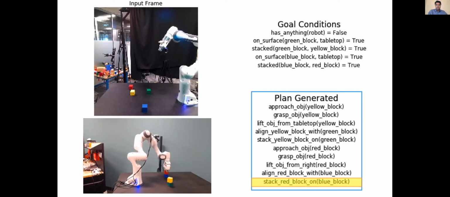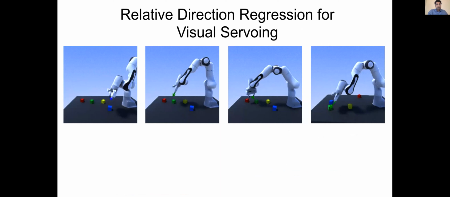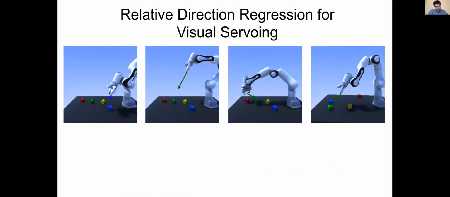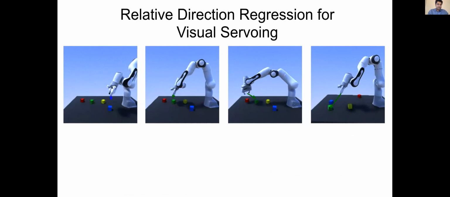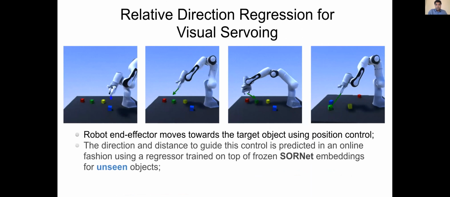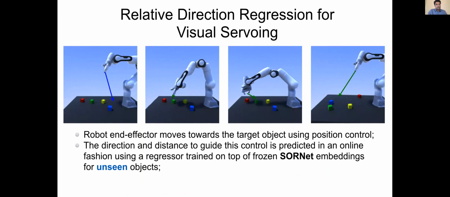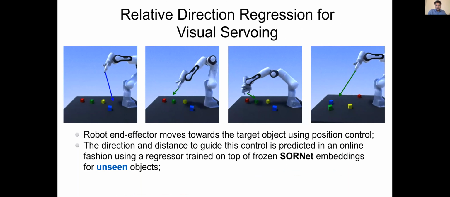Okay, in addition to this, what we have seen is that SORNet is able to capture not only the discrete spatial relationships, but also continuous spatial relationships. So here we train a regressor on top of the frozen SORNet embedding. SORNet is trained with the dataset I spoke about, and it's frozen.